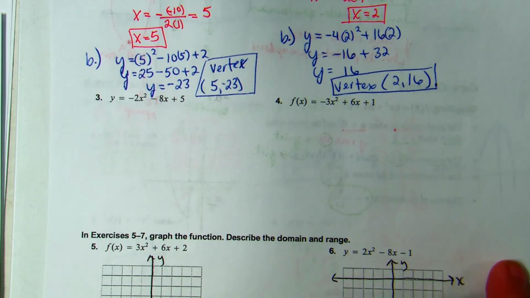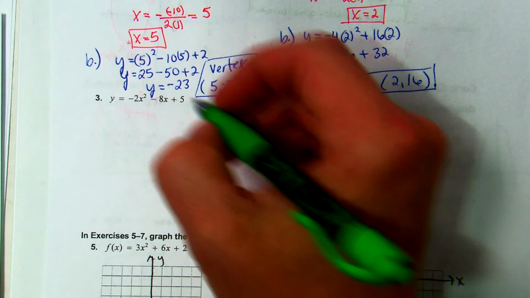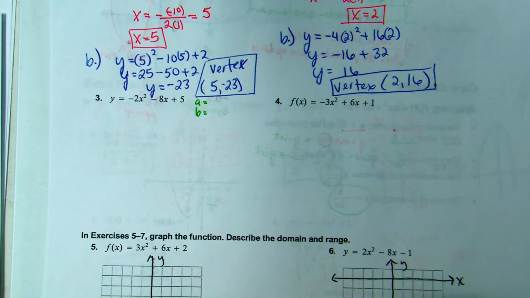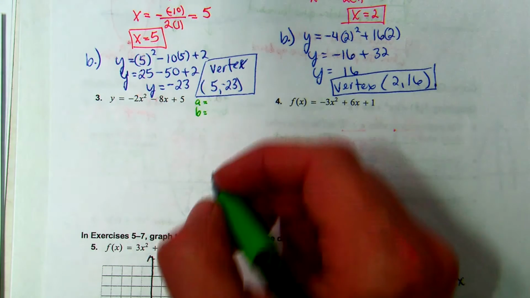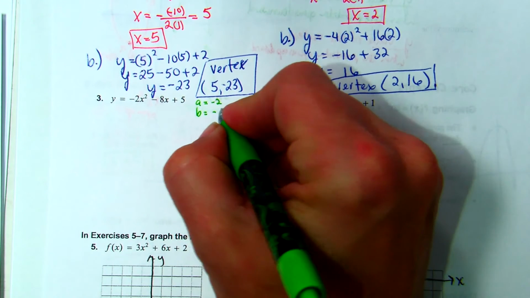Number 3 is, again, we're going to do this pretty repetitively, using the same process or method through the steps here. We're going to solve for the axis of symmetry first. We need to know what A is. We have a -2. We know what B is. That's a -8.